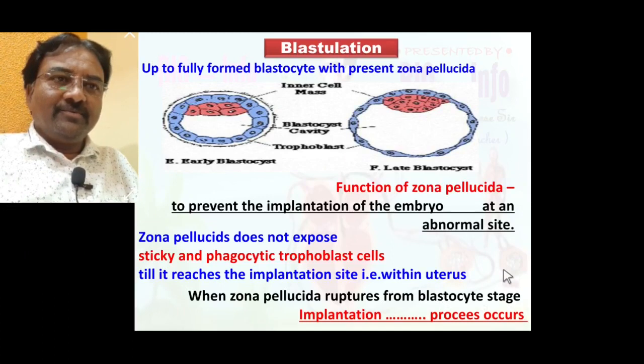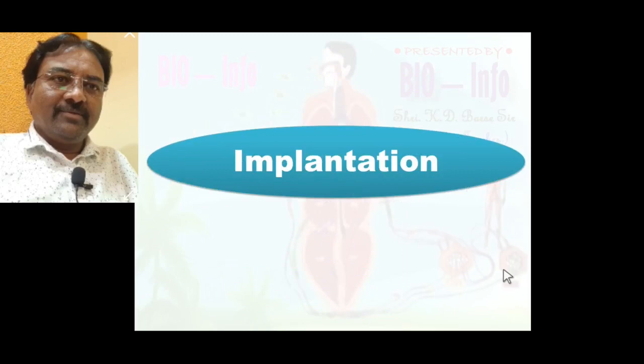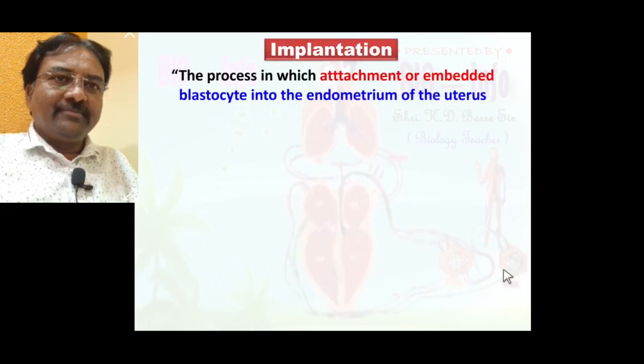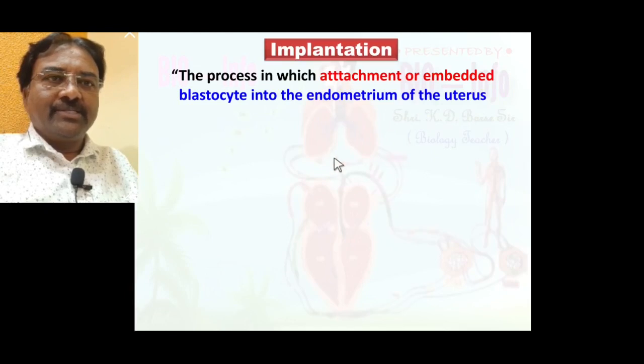Now the next event is implantation. What is implantation? The process in which the blastocyst is attached or embedded into the endometrium of the uterus is called implantation.